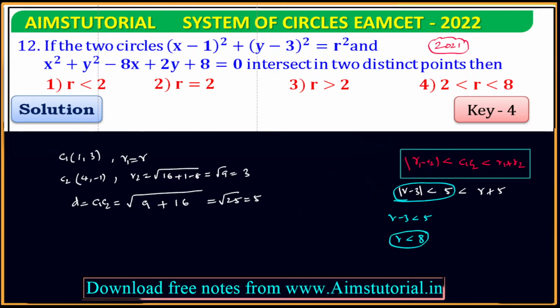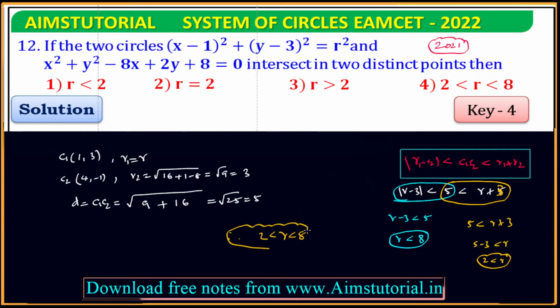Similarly, 5 less than R plus 3, so 5 minus 3, 2, is less than R. So the R value is less than 8 and greater than 2. Therefore, R lies between 2 and 8. So fourth option. If two circles intersect each other, C1 C2 lies between mod R1 minus R2 and R1 plus R2.